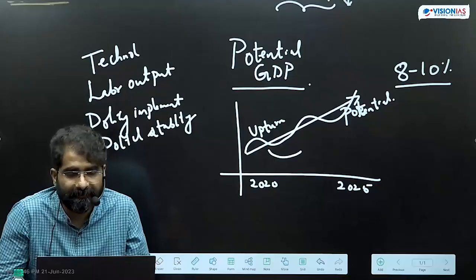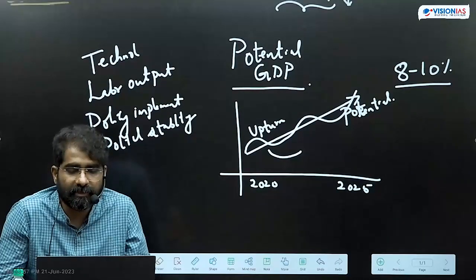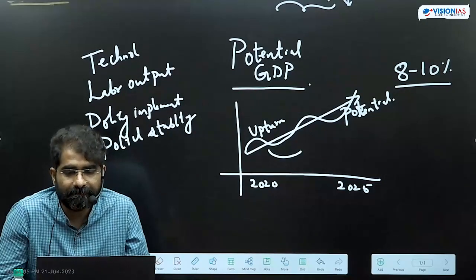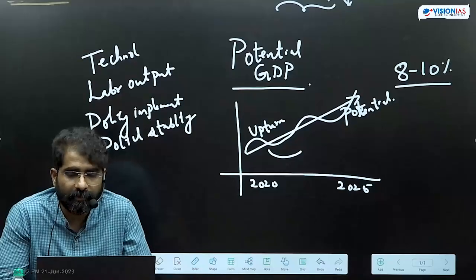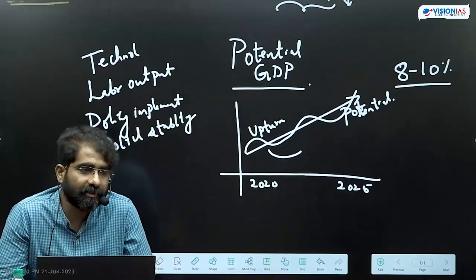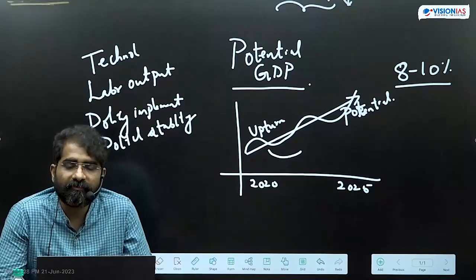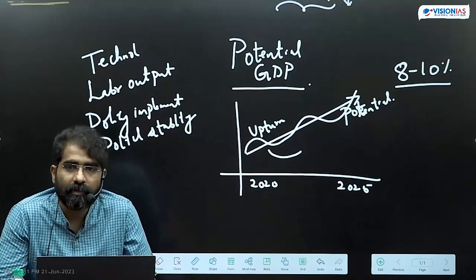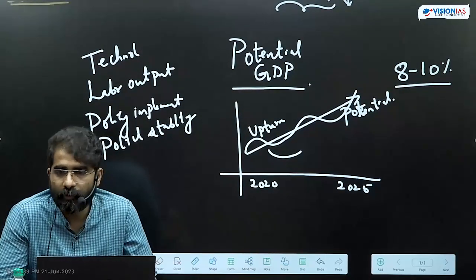Technological advancements can increase the potential for growth and productivity by improving the efficiency of the production process.